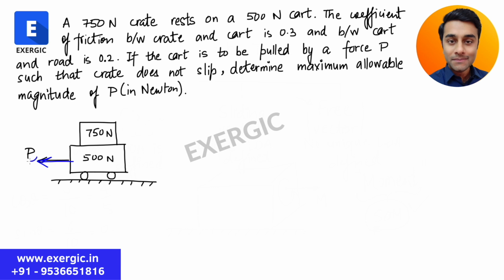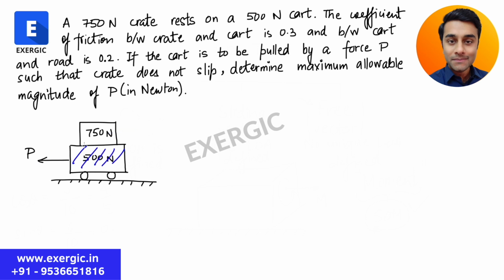When you keep on increasing the force P, a time will come when the 500 Newton cart will have a strong tendency to move in this direction, and the 750 Newton crate will start slipping backwards, because the force is not being applied on the 750 Newton directly. It is being applied on the 500 Newton cart.